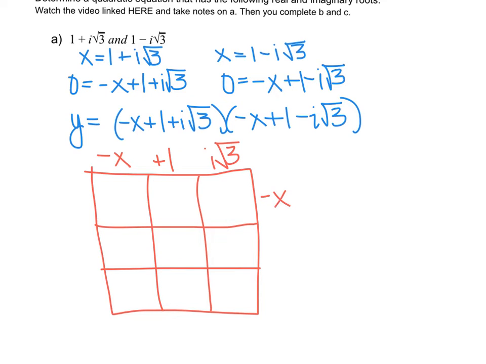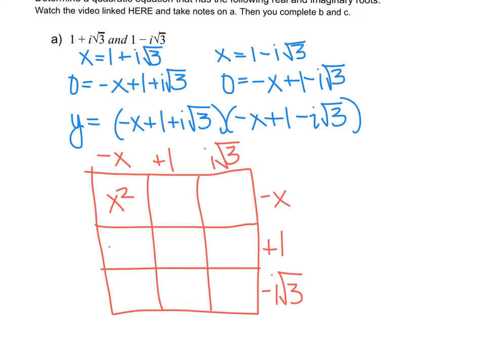So I'm going to put each of those terms that we're multiplying along the outside. And this way I can distribute in my multiplication without having to worry about which one I'm multiplying by which. Negative x times negative x gives us a positive x squared. And I'm just going to multiply right down this first column. It'll help me keep track of what I'm multiplying.